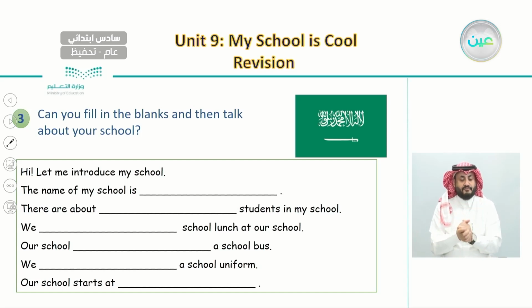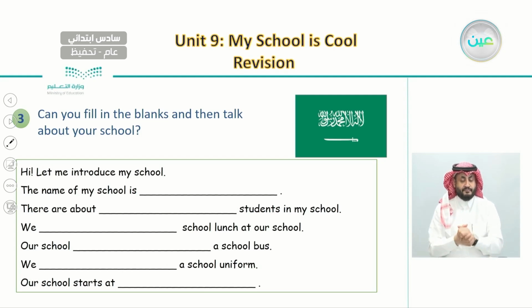As for the fourth one, our school blank a school bus. So if our school has a school bus, then here we should write it. We should say our school has a school bus. If it doesn't, then we would say our school doesn't have a school bus.